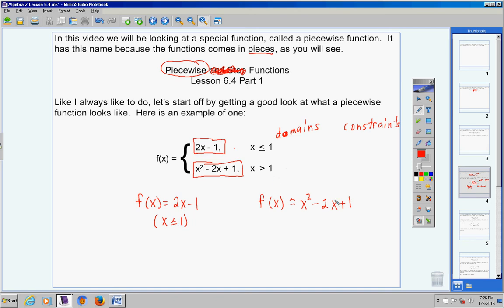Notice the constraint for this function here is x is greater than 0. Now, or excuse me, x is greater than 1.